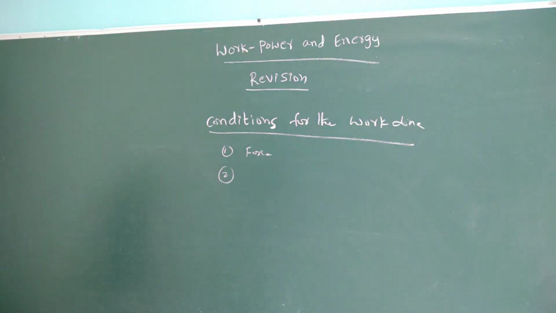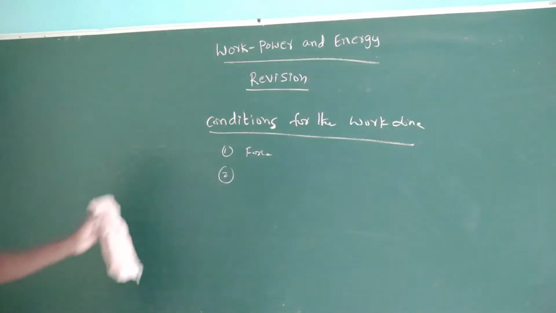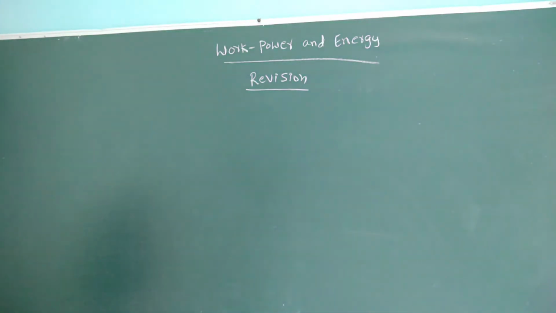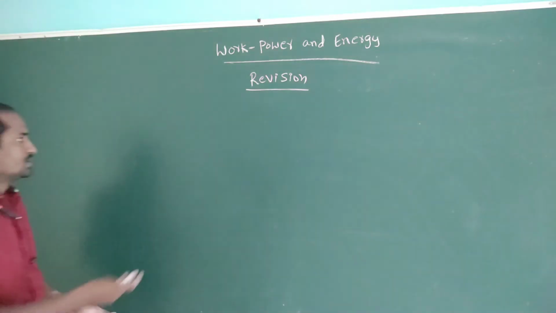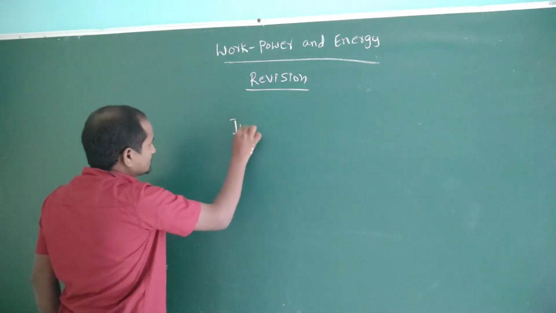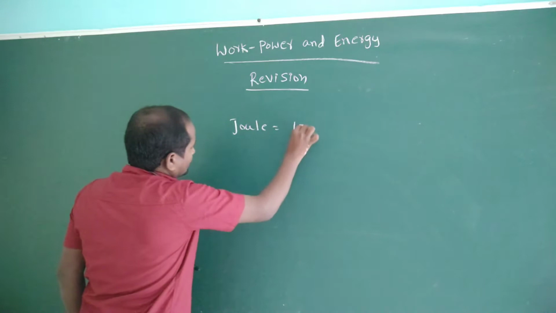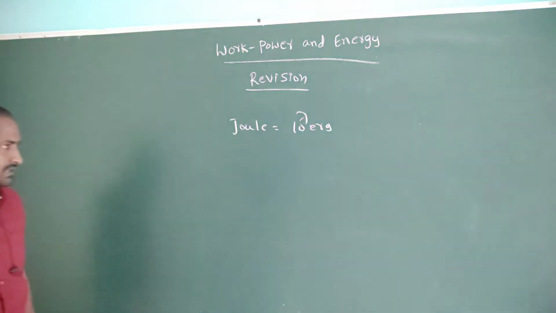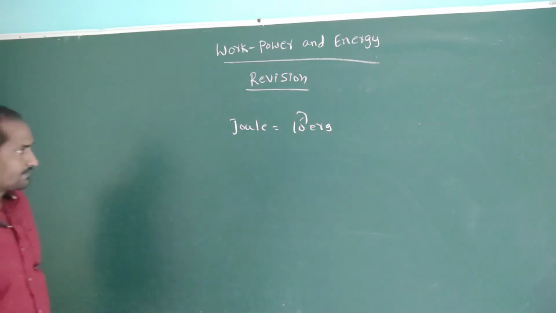Now the relation between SI and CGS units of work done: 1 joule equals 10 power 7 erg. It is the relation between SI and CGS units of energy.